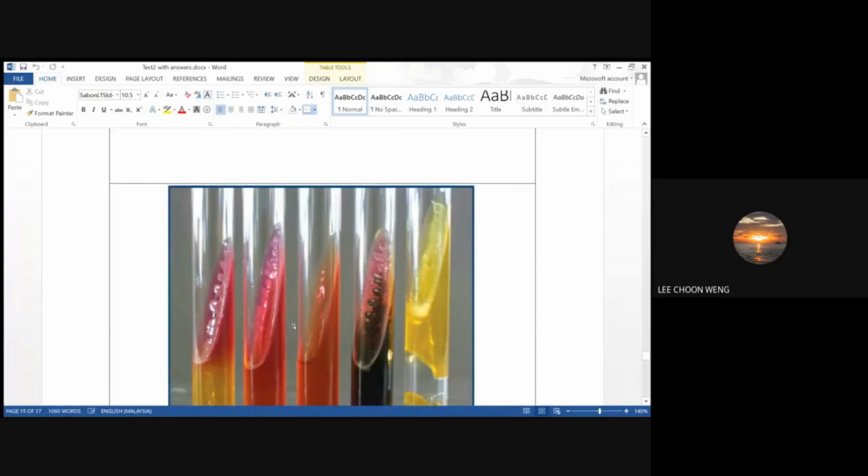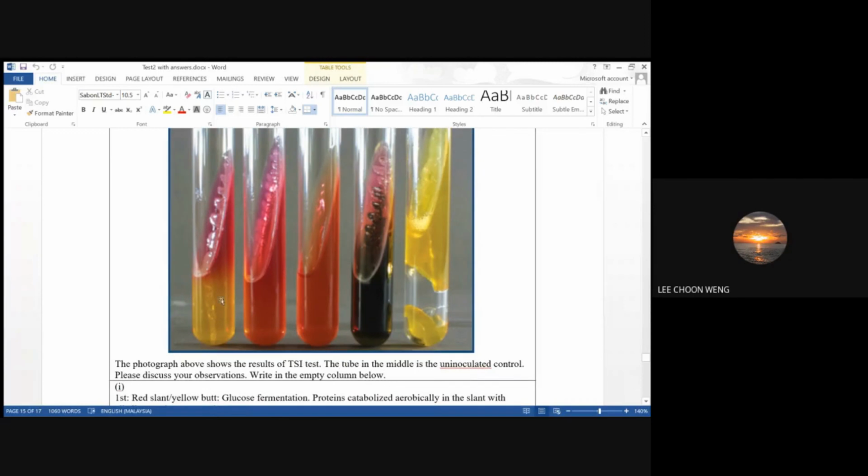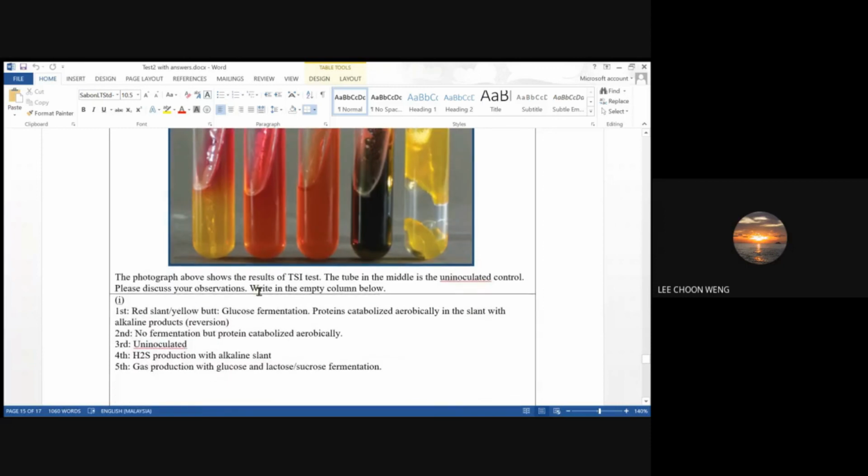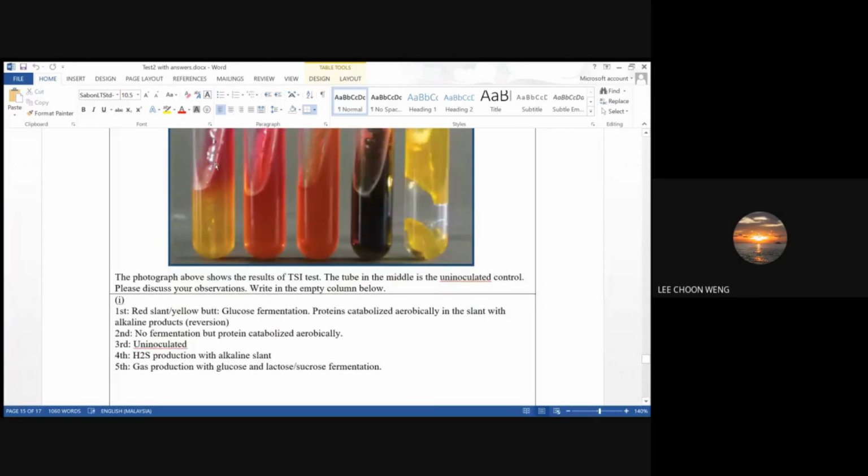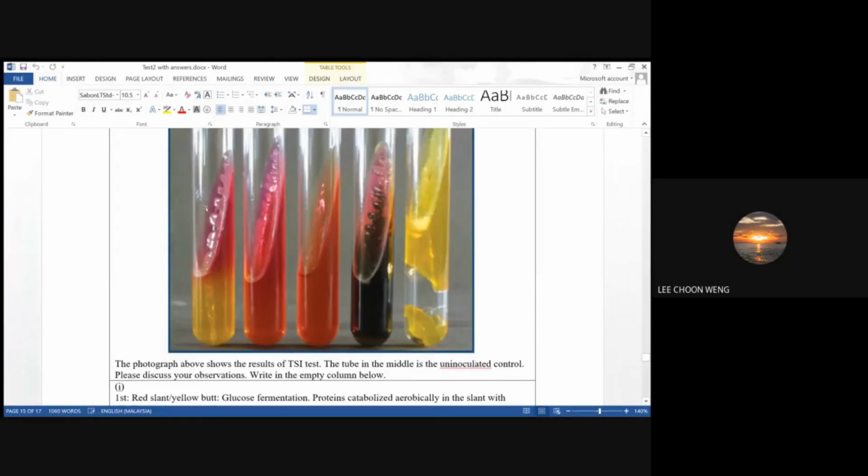So this is the TSI, triple sugar iron agar. Whenever you describe triple sugar iron agar, you must know that there are three types of sugar: glucose, sucrose, and lactose. Okay. So here you can see that the butt is yellowish, here is not.